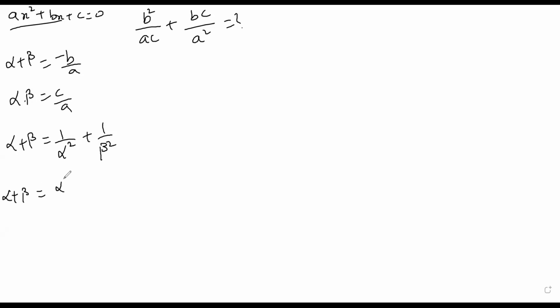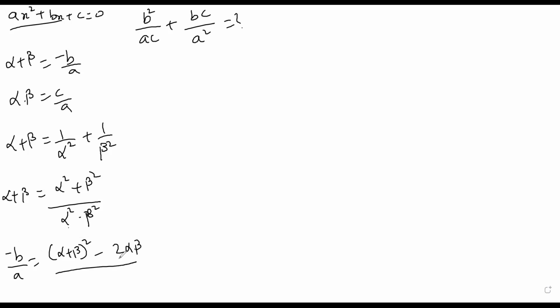Alpha plus beta is alpha square plus beta square upon alpha square into beta square. Alpha plus beta is minus b by a, is equal to alpha square plus beta square, which is (alpha plus beta) whole square minus 2 alpha beta, upon (alpha beta) bracket square.